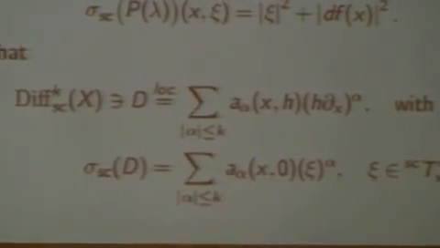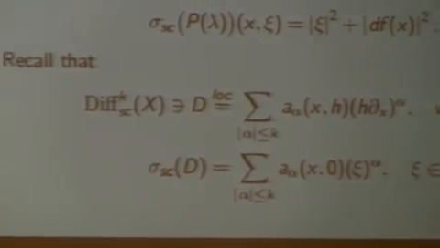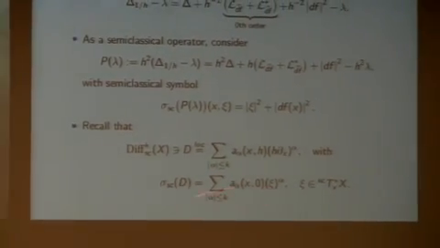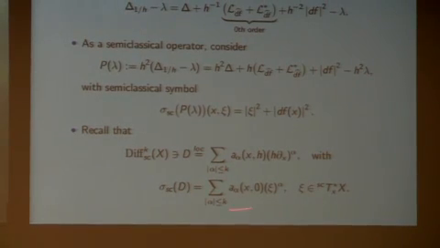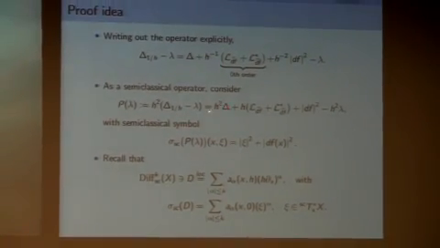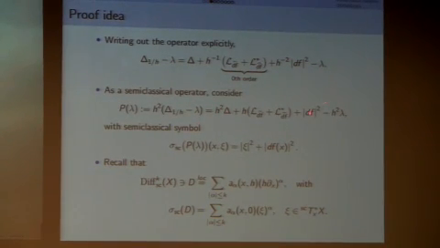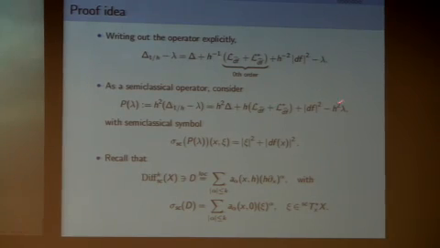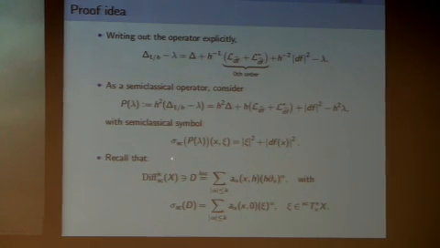But note, in contrast to the principal symbol, if you're used to thinking about the principal symbol in microlocal analysis, this includes all orders, so not just the top order. So I have h squared times the second order operator here, h to the 0 times the zeroth order operator here, and then these two terms are lower order, because this is zeroth order times h, so this h in the coefficient disappears when you set it equal to 0.